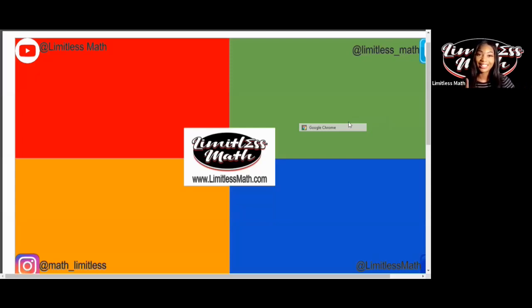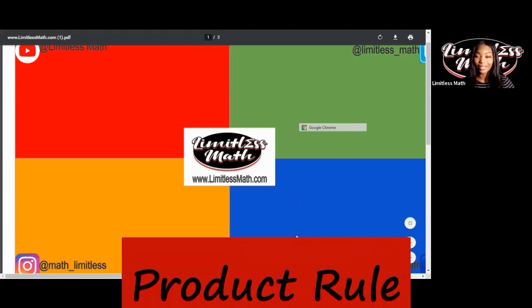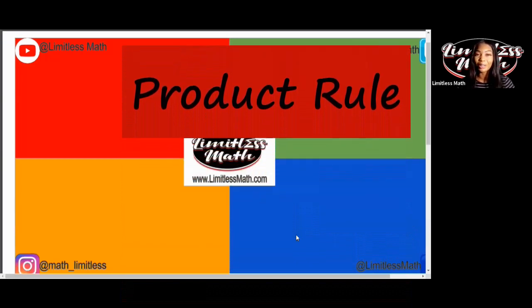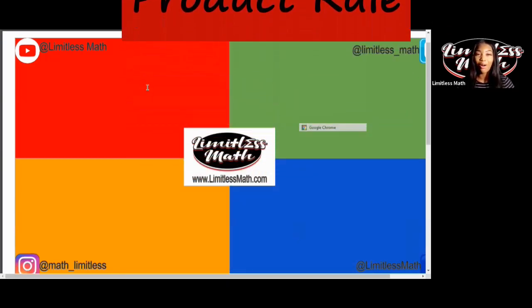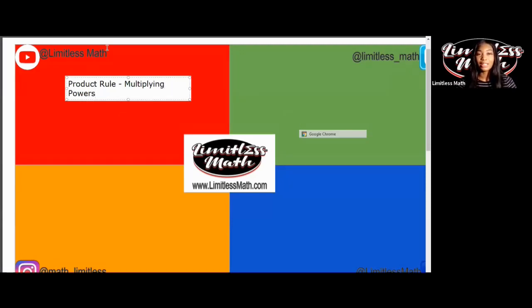The very first exponent rule we are going to talk about is the product rule. That is the first one we're going to discuss, which we've been talking about all this past week, last week. We use the product rule when we are multiplying powers. And when we say powers, we're really just talking about multiplying terms that have exponents in there.